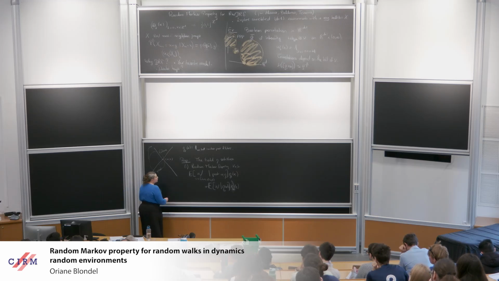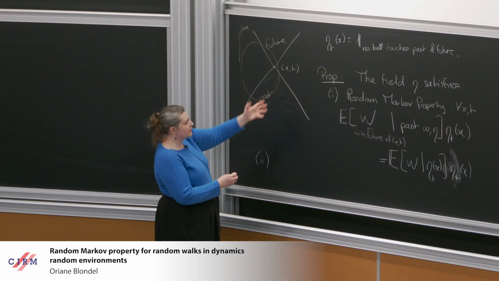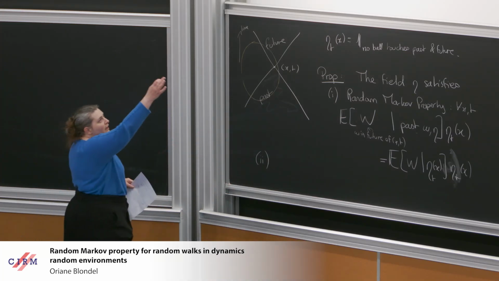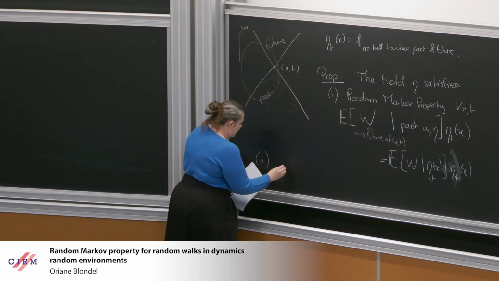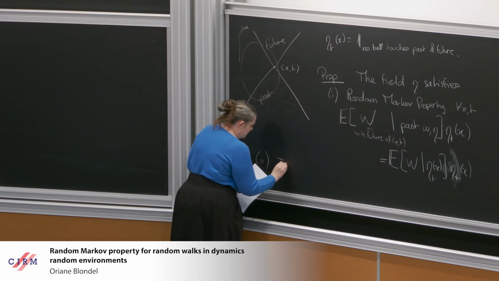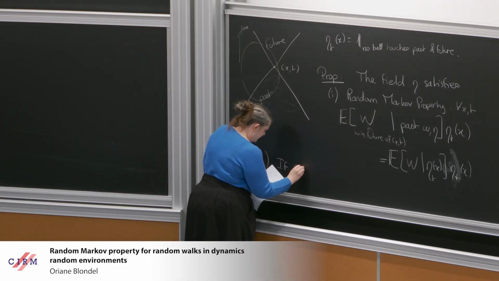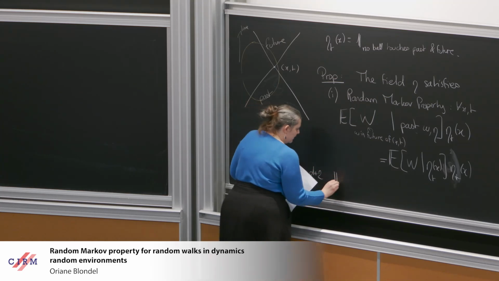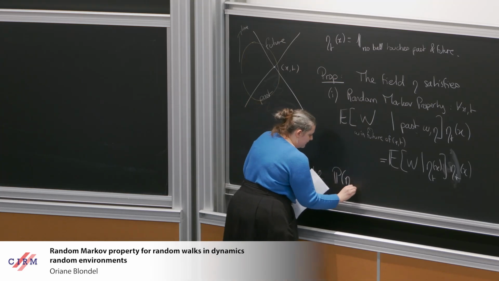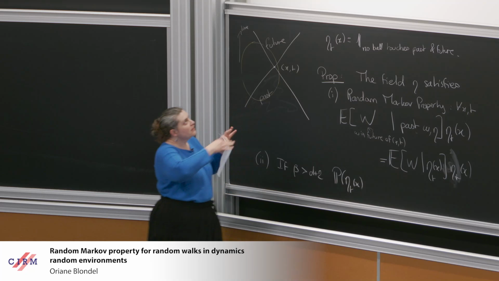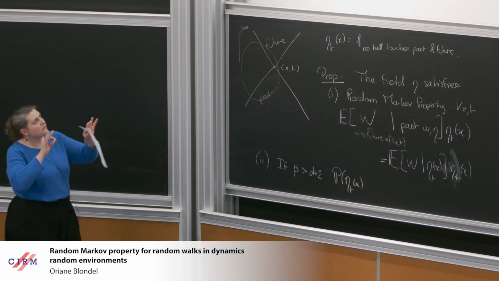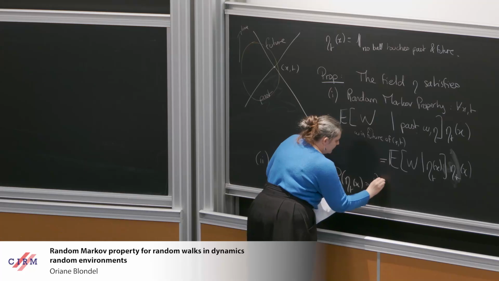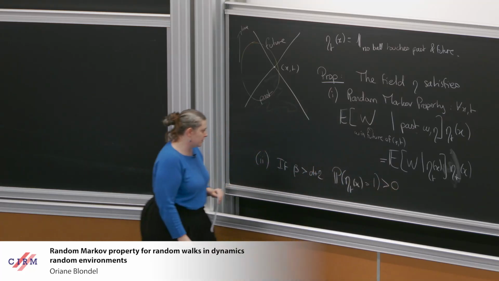The first reassuring property is that this field is non-trivial as soon as beta is not too small. If beta is larger than d plus 2, my field is stationary under translation, space-time translation, everything. So this has positive probability.